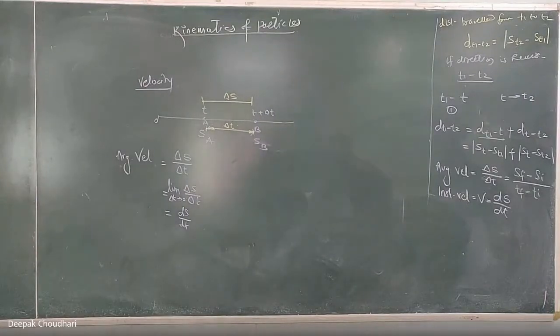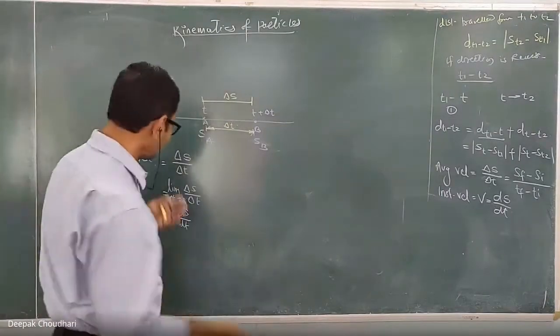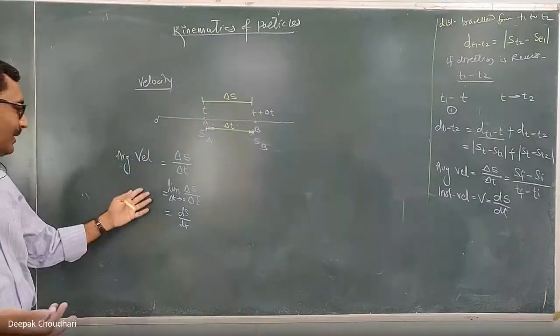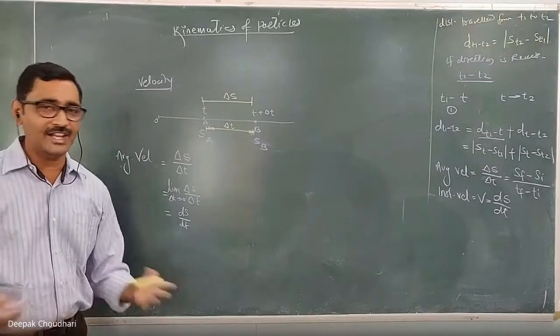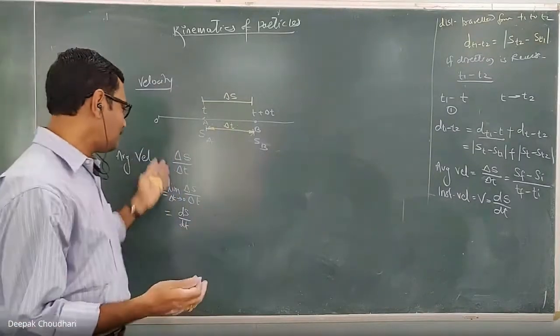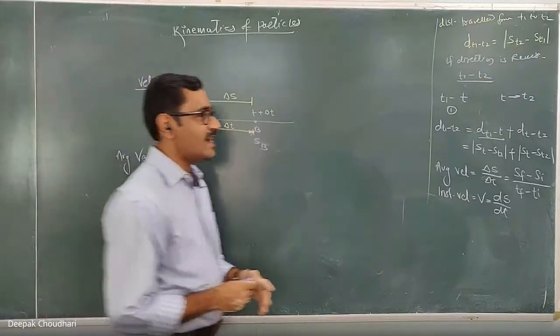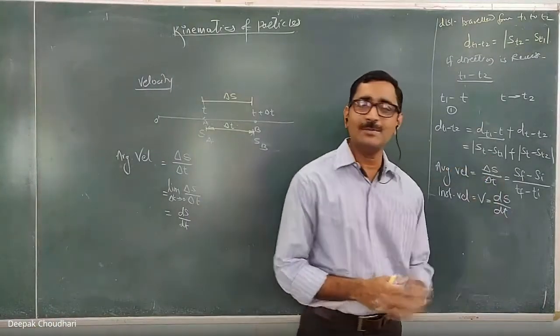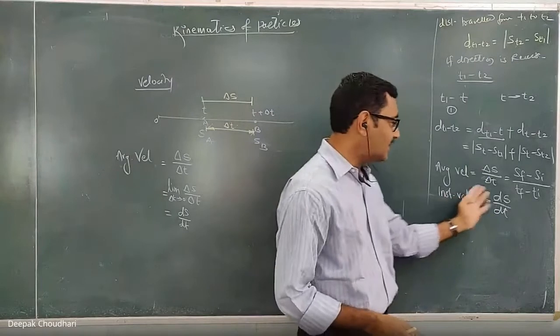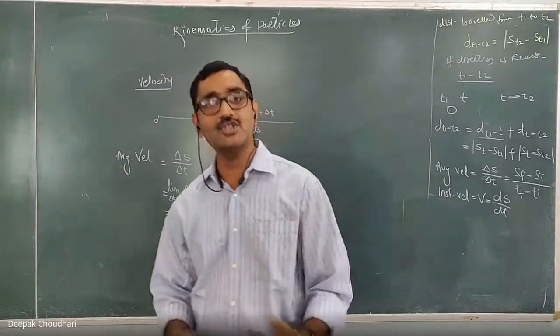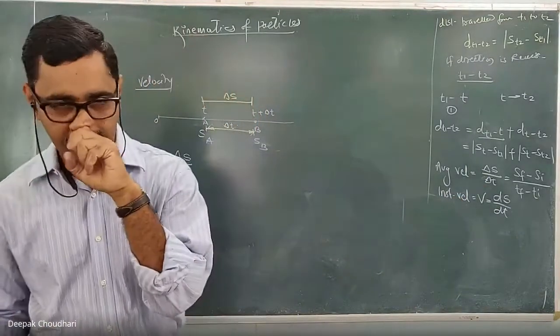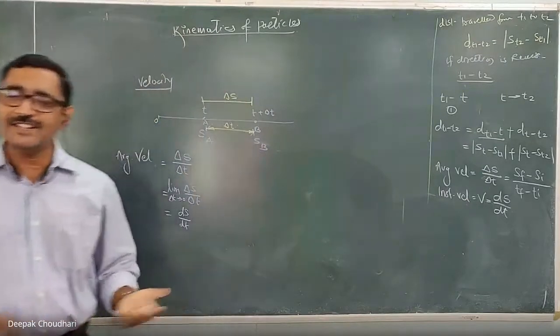Those who have studied mathematics properly, जिनको limit क्या है, derivative क्या है, वो पता है, for them it is easy, not that difficult. But whenever I ask you what is the average velocity, it is the change in displacement upon change in time, and what is the instantaneous velocity? It is the rate of change of displacement with respect to time. Any difficulty about this velocity?